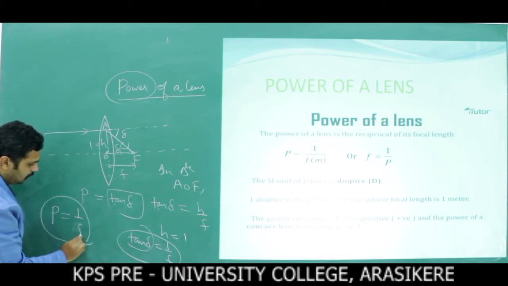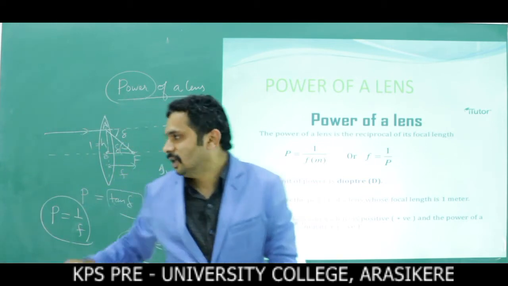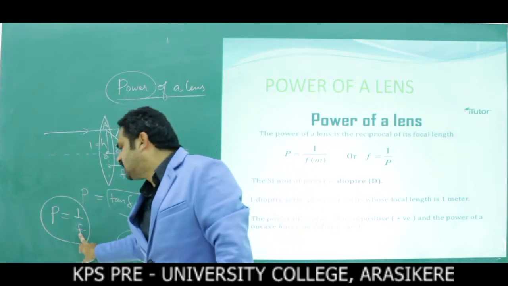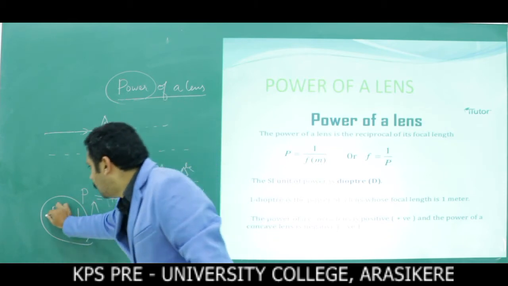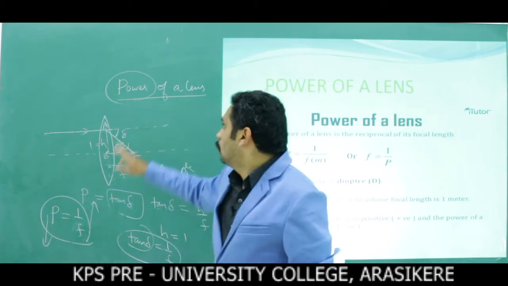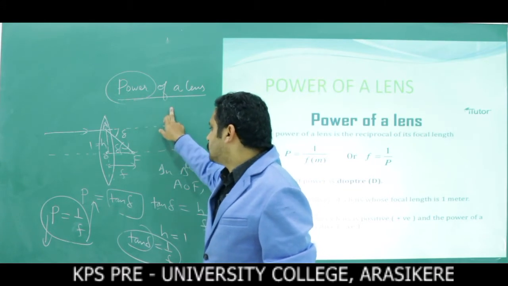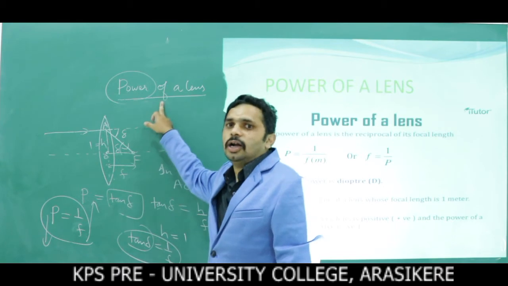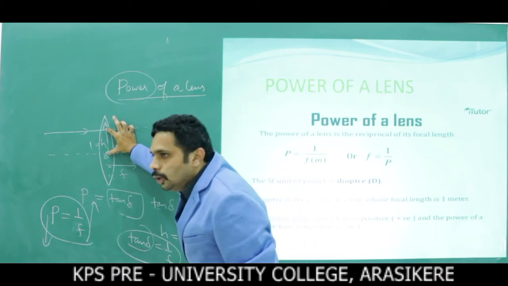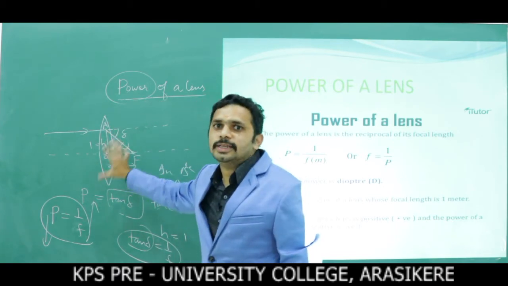Ready? The power of a lens is also defined as the reciprocal of focal length. Know that if focal length is more, power is less. Once again, what is power? Power of a lens is the tangent of the angle to converge or to diverge, maintaining a unit height from the optic center.